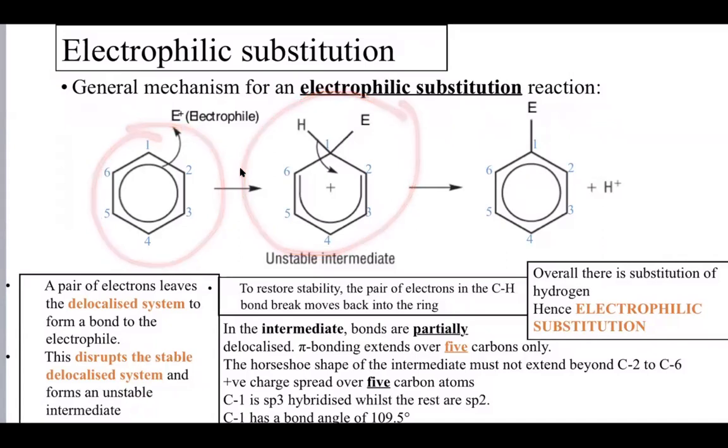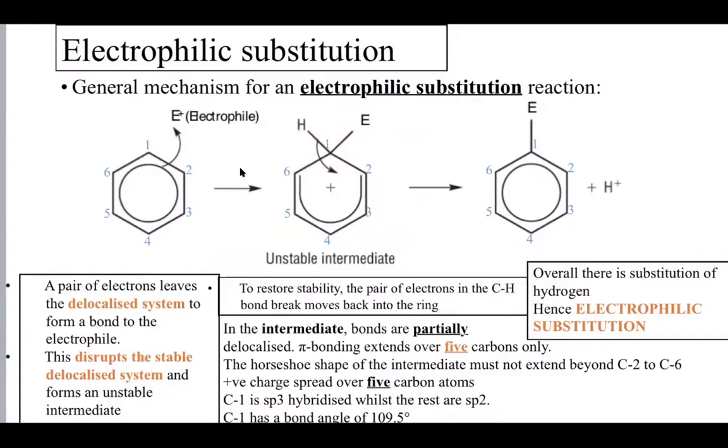So carbon 2, 3, 4, 5, and 6 are all sp2 hybridized. Carbon 1 has 4 single bonds at the moment, so it is sp3 hybridized. Please take note that carbon 1 is sp3 hybridized while the rest are sp2, because in the intermediate, only carbon 1 has 4 single bonds.